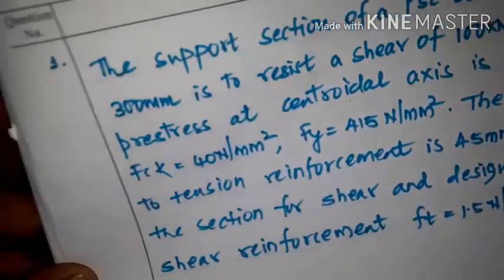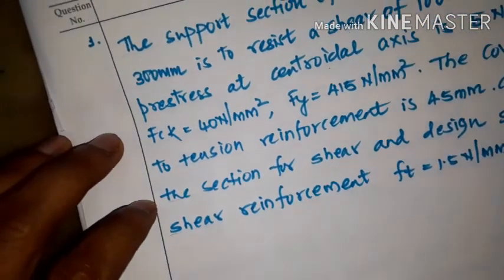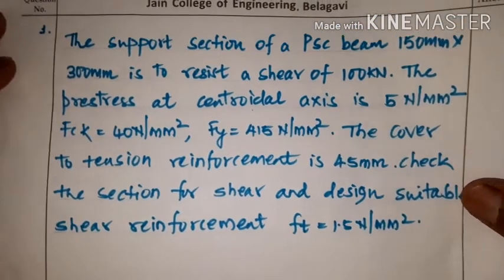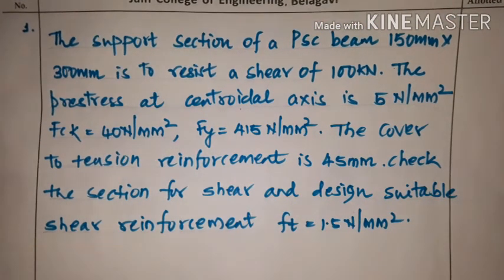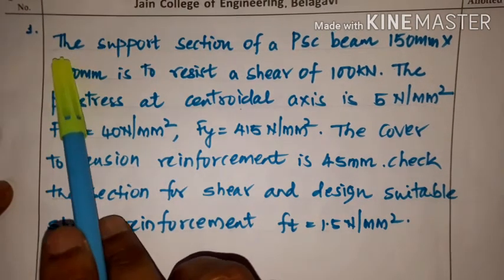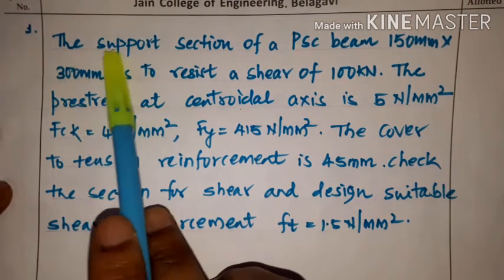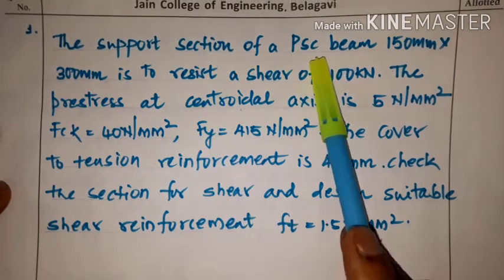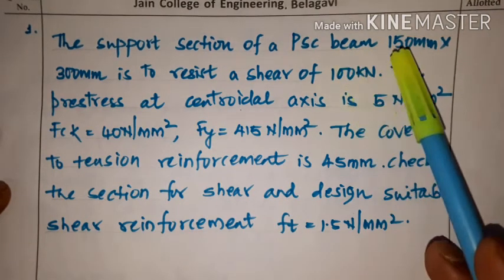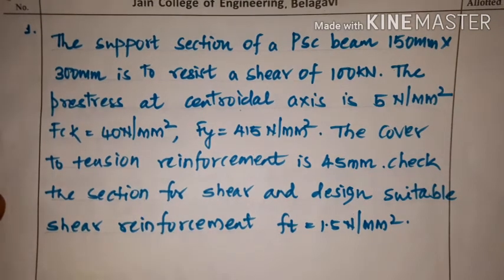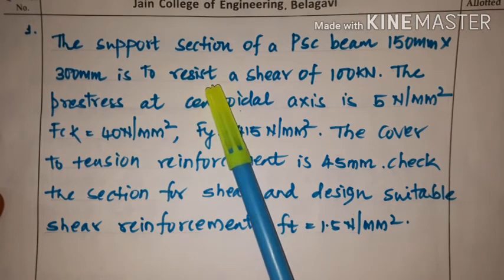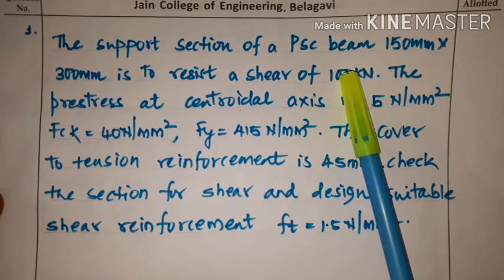Here we will take up a small problem. The statement is: the support section of a PSC beam 150 mm by 300 mm is to resist a shear of 100 kilonewton.